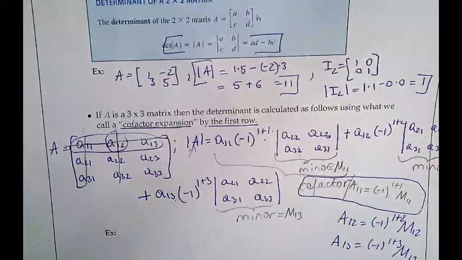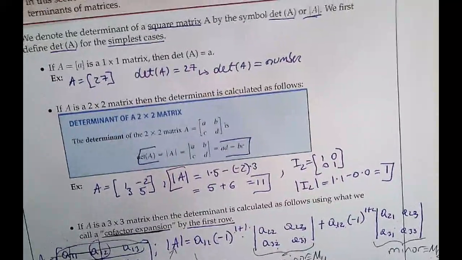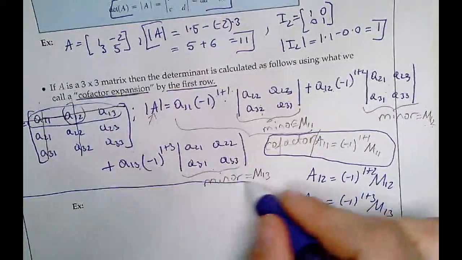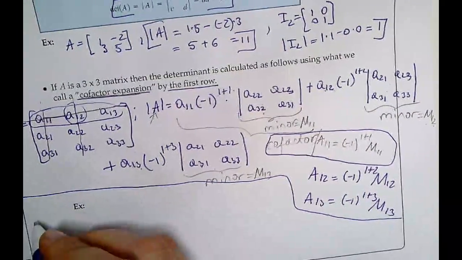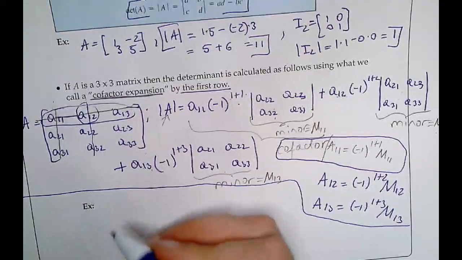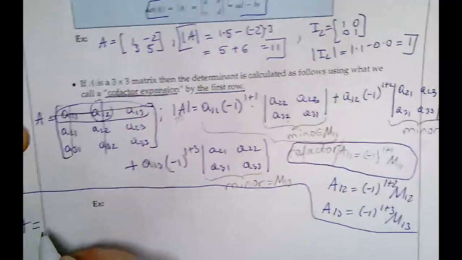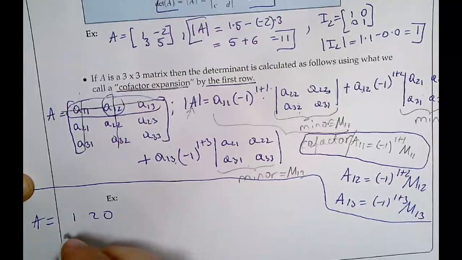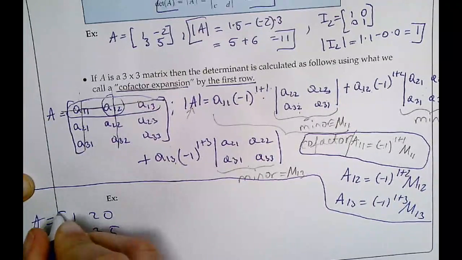So let's look at an example. I am going to squeeze it in here. So let's see my example. If I have the matrix A equals 1, 2, 0, 10, 3, 5, and then 2, negative 1, 3.